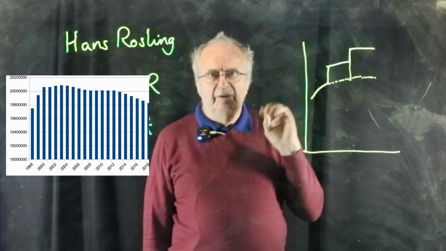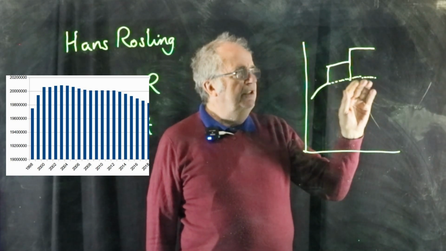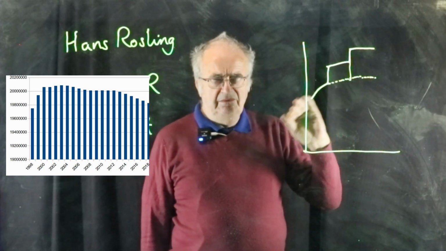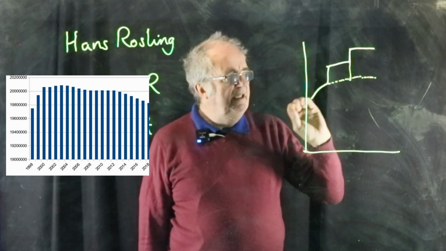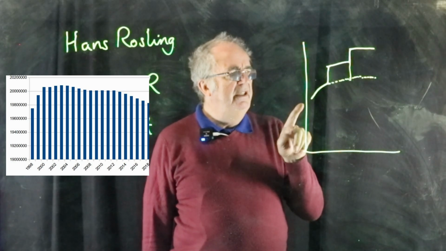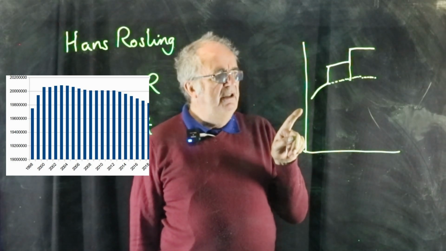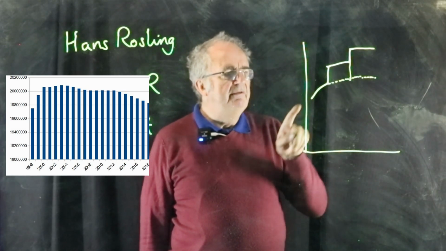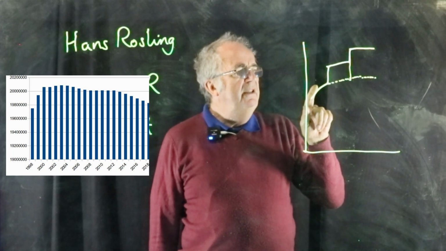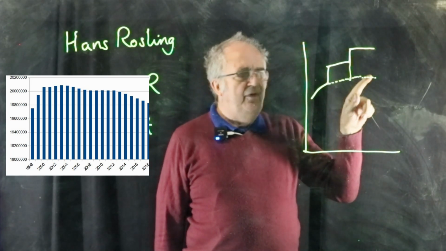But we're also going to be interested in that underlying curve, and let me say that's importantly levelling off. Back in the 1990s, the school-age population was increasing very rapidly. The school-age population was rising very fast, and it's gradually levelled off.